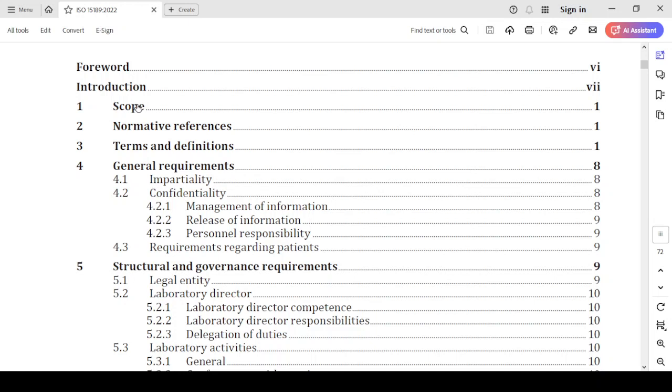Okay, and it makes reference to the point of care standard, which is ISO 22367. That wasn't previously in scope, but now it is part of the scope.